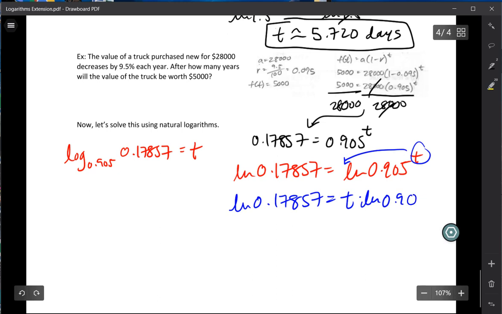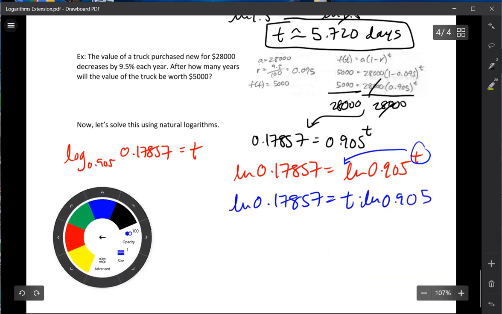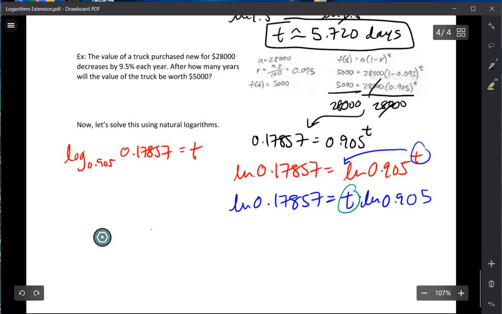In order to solve for t, we can divide by ln of 0.905.